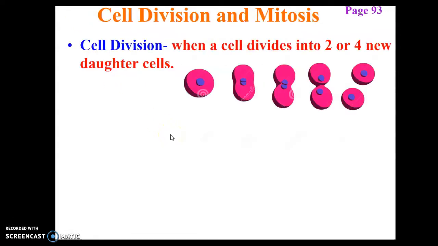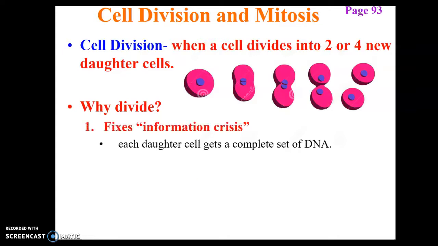So, long story longer, cell division is when a cell divides into 2 or 4 new daughter cells. 2 in the case of mitosis, 4 in the case of meiosis. Why would they divide? What's the point of dividing if you're a cell?